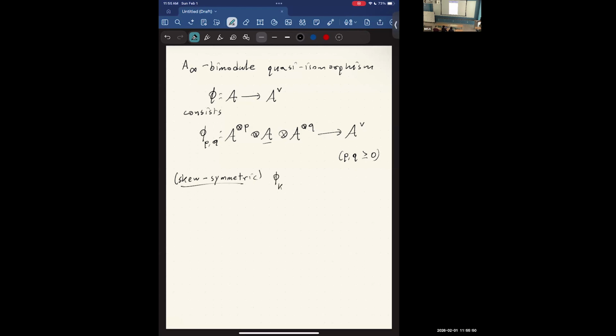What this means is that I can take phi sub KL, and if I take any sequence of inputs like this, then up to a Koszul sign, I can reverse the order of these inputs. Same thing.